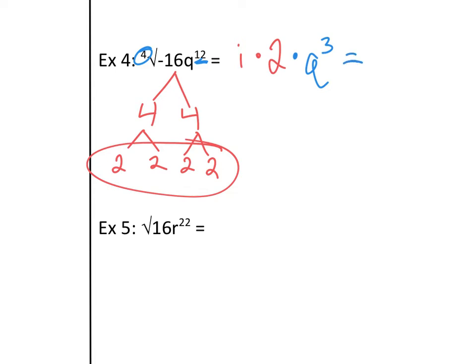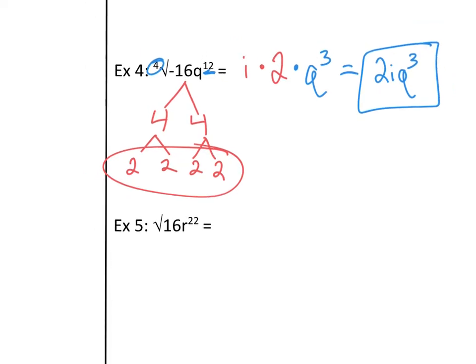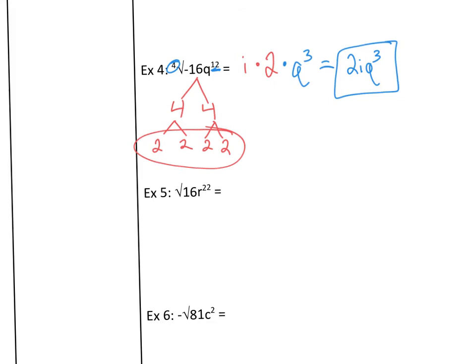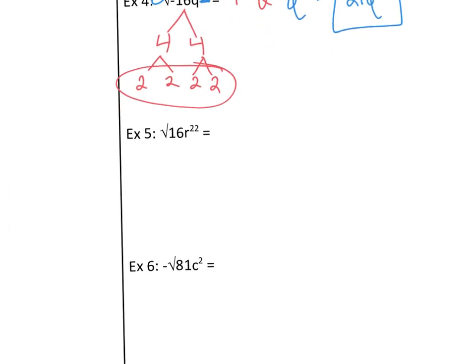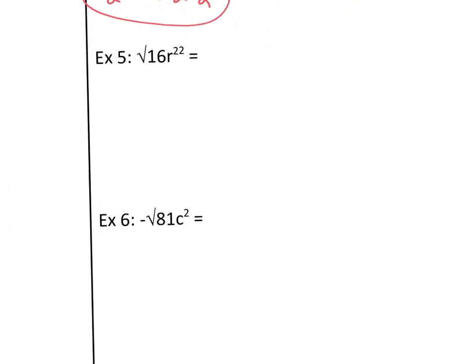Okay, simplify this. i times 2 times q cubed. 2iq cubed. Perfect. Good job. 2iq cubed. All right. Questions on that one? All right, go ahead and try number 5.